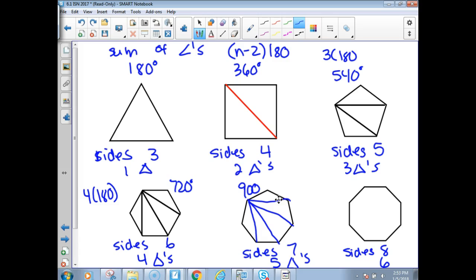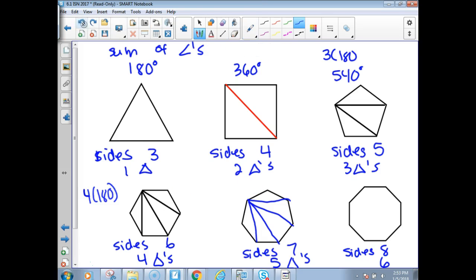Okay, that is the formula for the sum of the interior angles of a polygon, period, given the number of sides. Okay, so we figured out the formula. We don't have to write anything down yet. We're going to write it all down in our ISN in a minute. I just want you observing right now and trying to understand where I'm getting these ideas from.